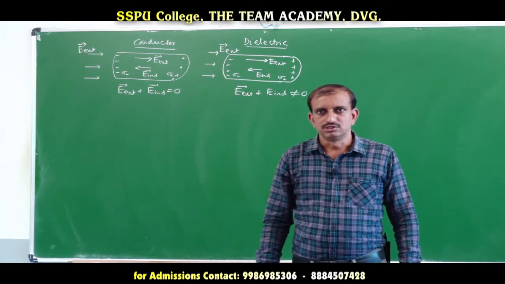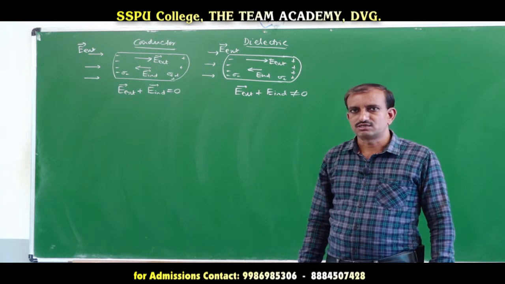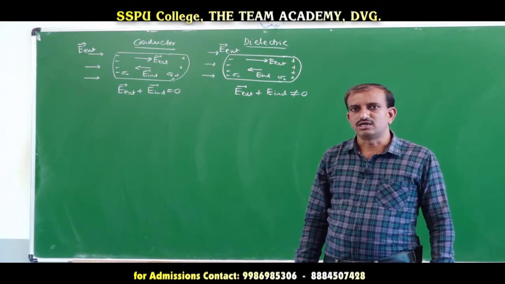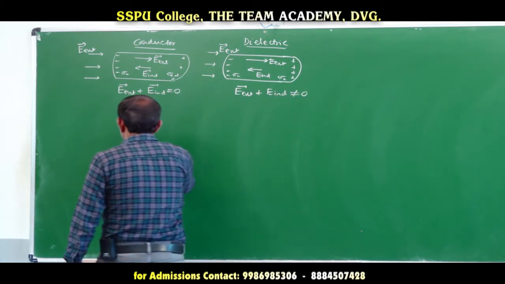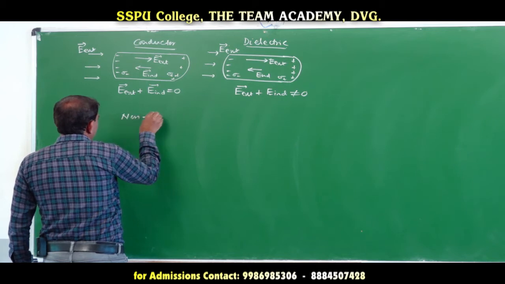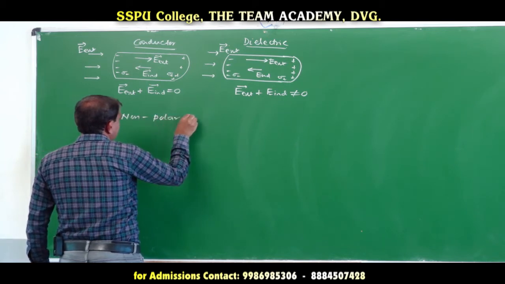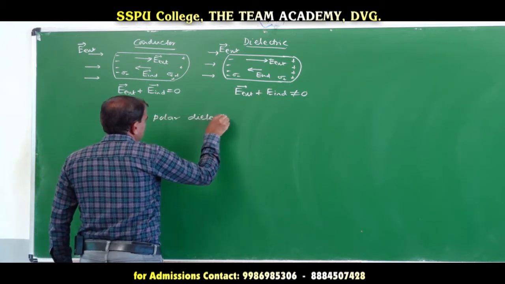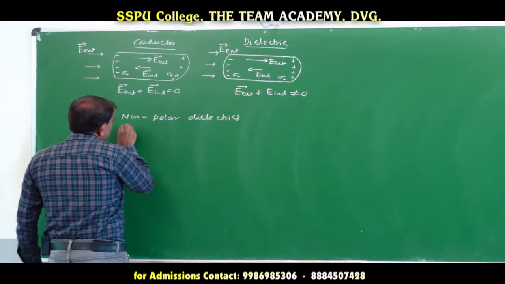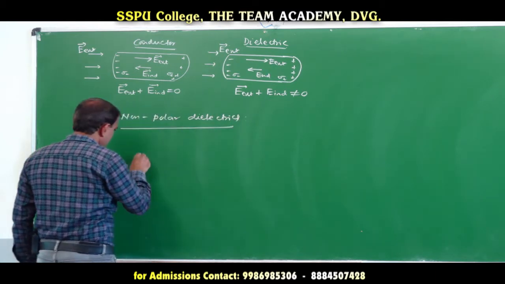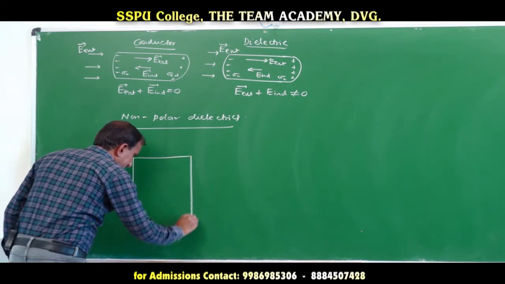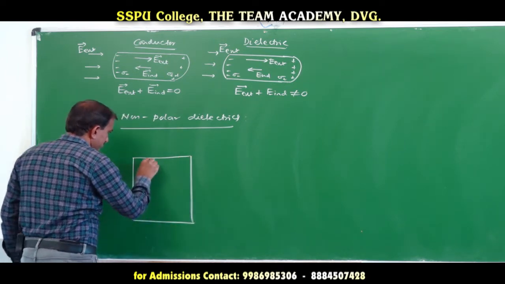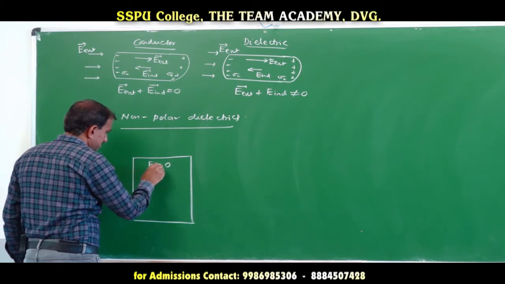Now let us consider a non-polar dielectric material placed in an external electric field. In the case of non-polar dielectric molecules, this is the case with E equal to 0, that is, electric intensity is 0.